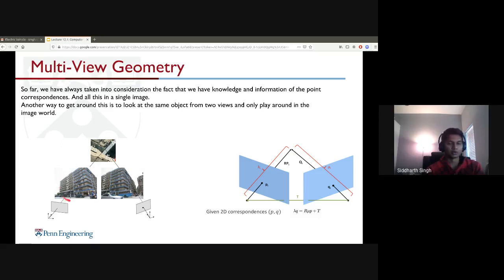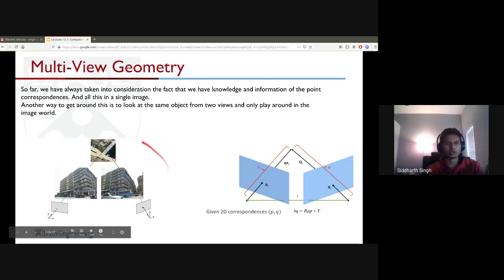If I'm looking at this building from two views, from here and from here, and I'm looking at this one single point, there are certain special characteristics that arise when you look at the same point in the world from two different views.